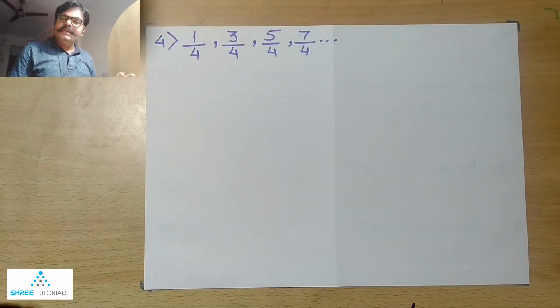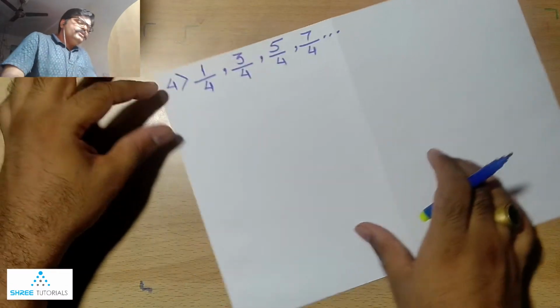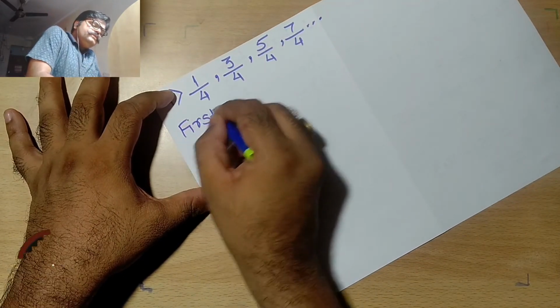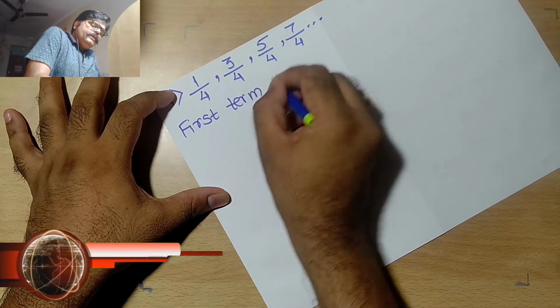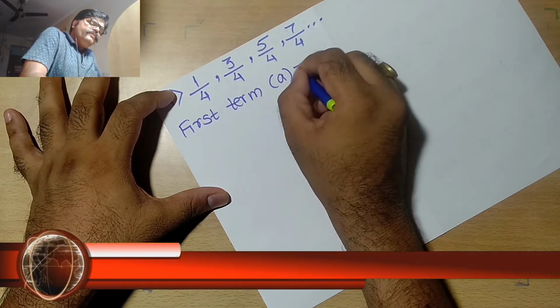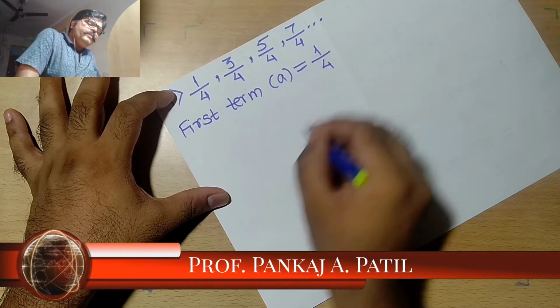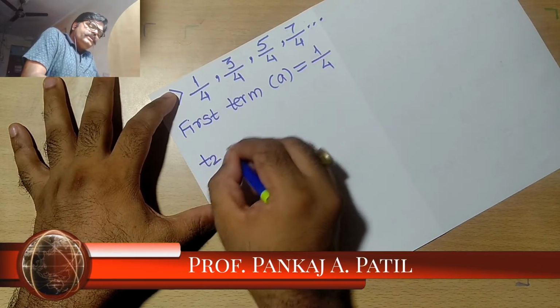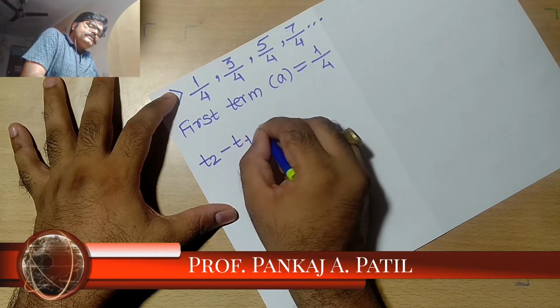Okay, so here as well we are supposed to find out the first term as well as the common difference. So what we can write down, the first term, that means A's value they have given us to be 1 divided by 4. To calculate the common difference we shall write T2 minus T1.